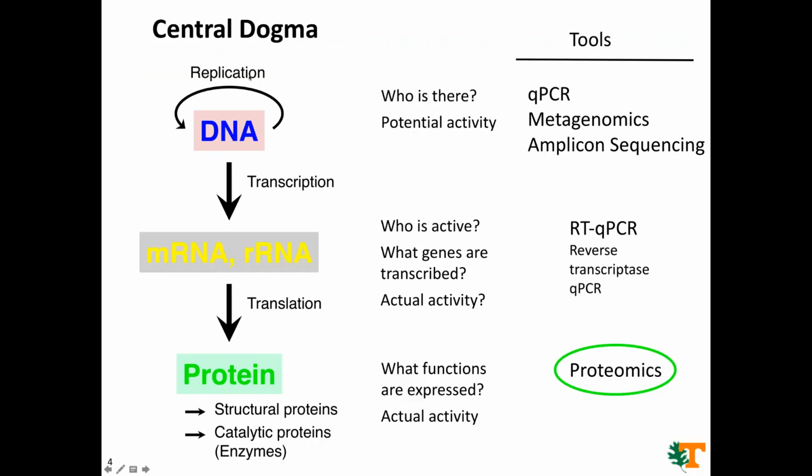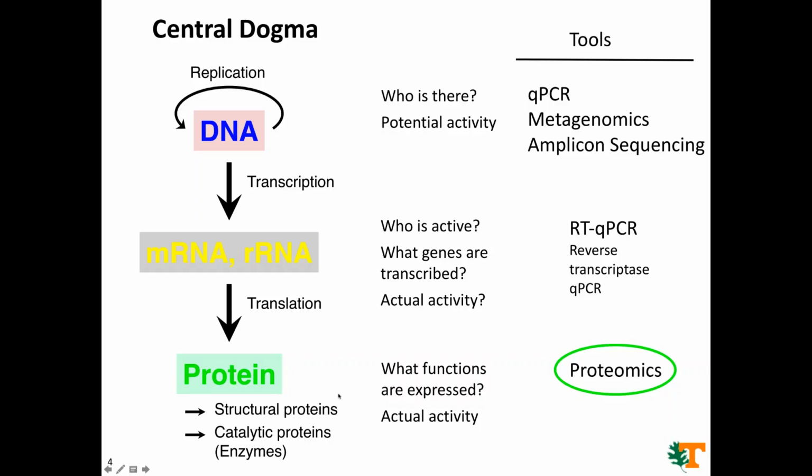So we talked about the central dogma in biology. You have DNA, and then the flow of information goes to the RNA and to the protein. The DNA can tell us who is there and informs us about potential activity. The transcripts, the mRNA, tell us who is active, what genes are transcribed, and give us information about the actual activity.